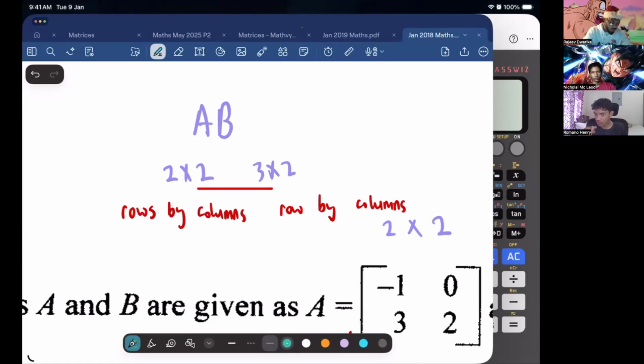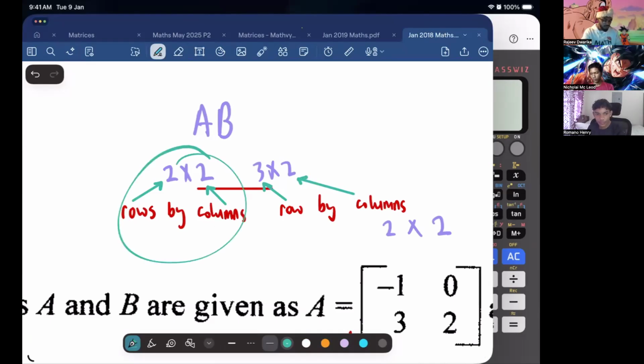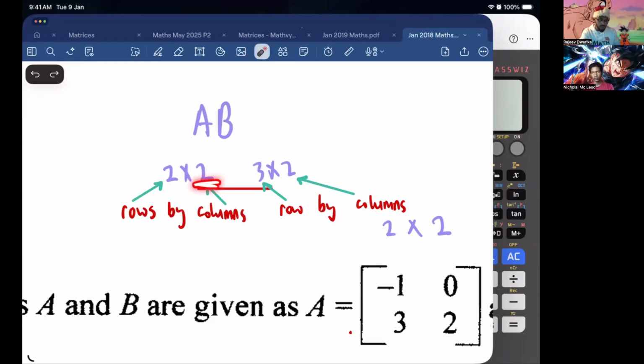Kimmy, as you can see, when we list the order of our matrix, you list the number of rows first, then the number of columns. Do you understand that?